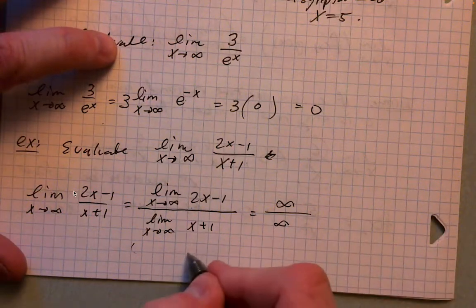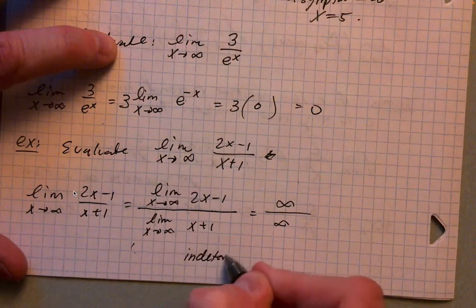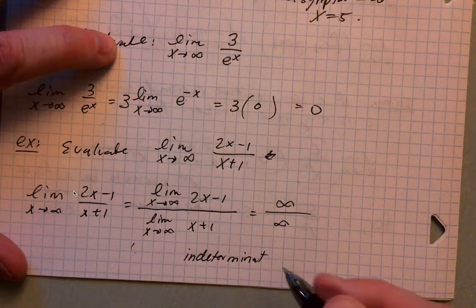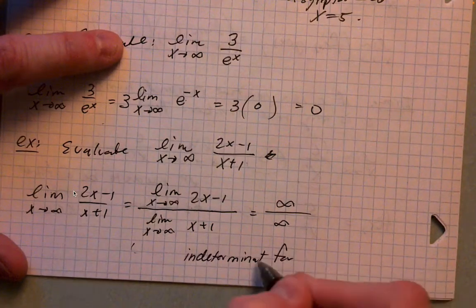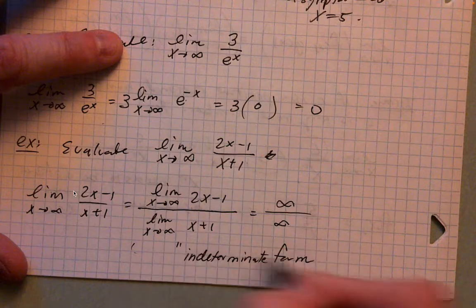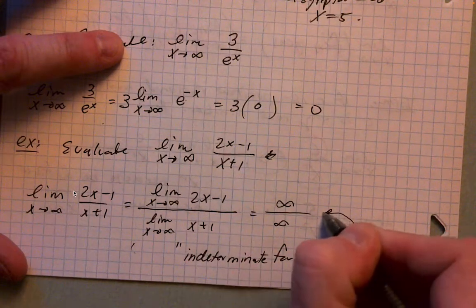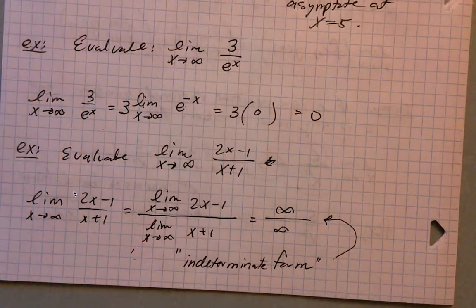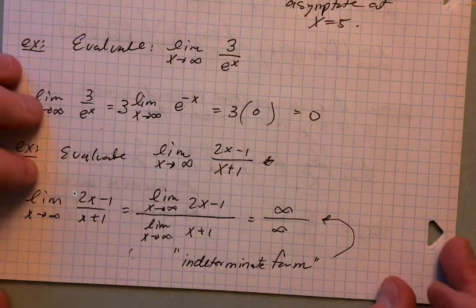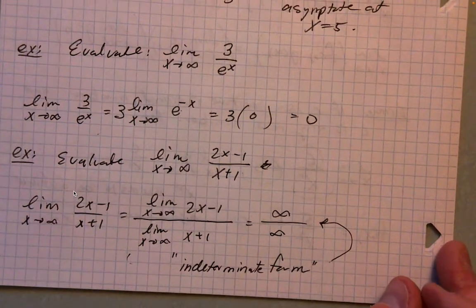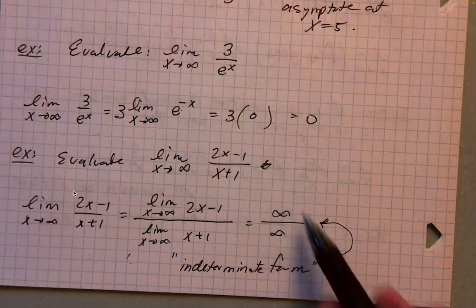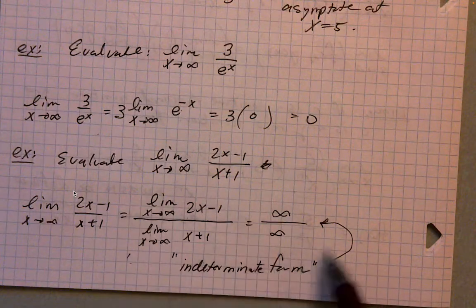And so this is what we call an indeterminate form, meaning this isn't helpful. Infinity divided by infinity doesn't really tell us anything. So this is what's called the indeterminate form.